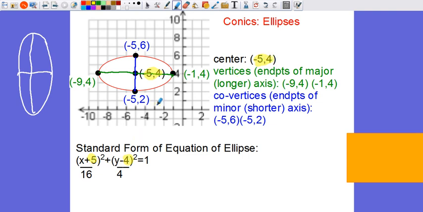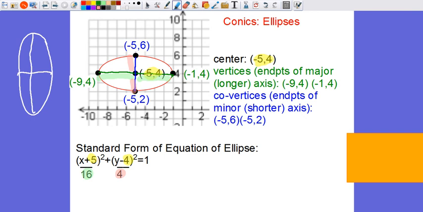And then when you square root 16, you get 4, which is 4 left, right. And when you square root 4 here, you get 2, which is 2 up, down.